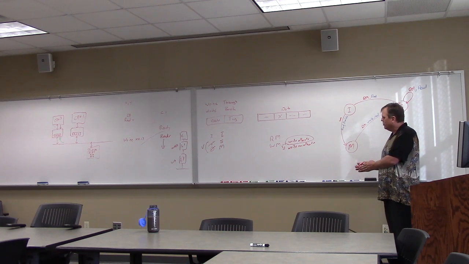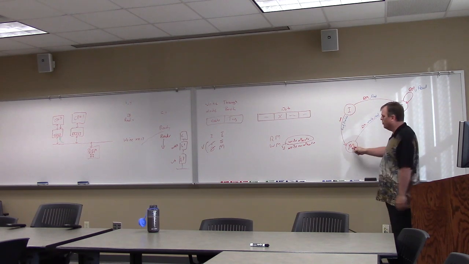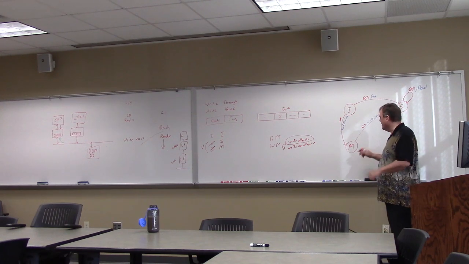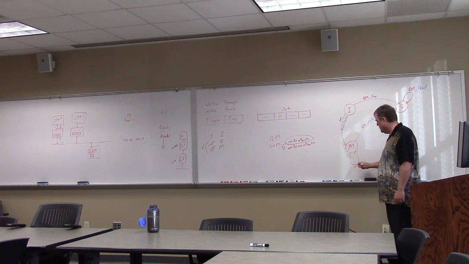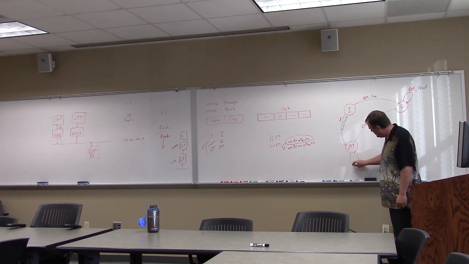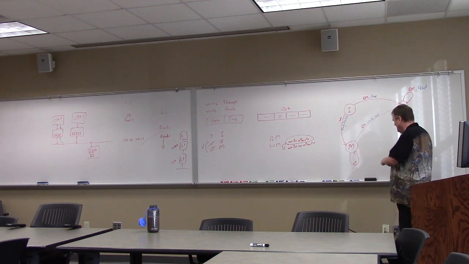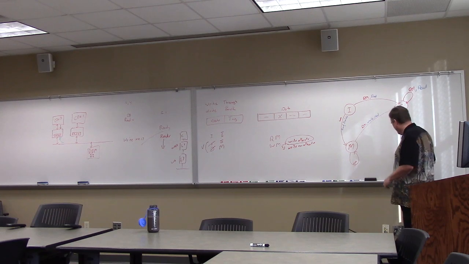Will the final location be invalid, shared, or modified? It'll be modified, and it started at modified. Let me go with the write miss above, because I have less to write there than I do on the other one, so I'll take a bigger space for my next thing.